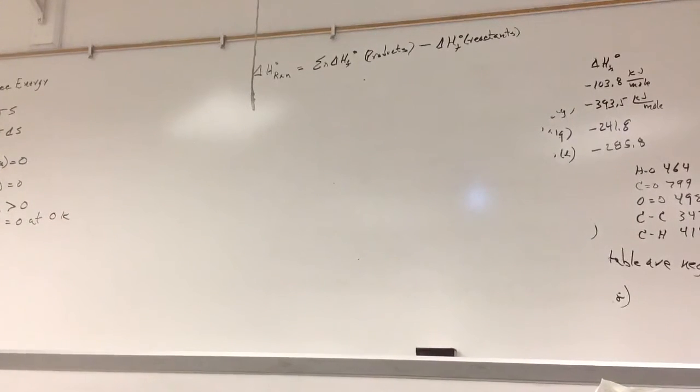It's equal to 0 at absolute 0. That was the third law of thermodynamics. Anytime you talk about an element at a higher temperature, 298, whatever temperature you want to pick, it has to be a positive number.